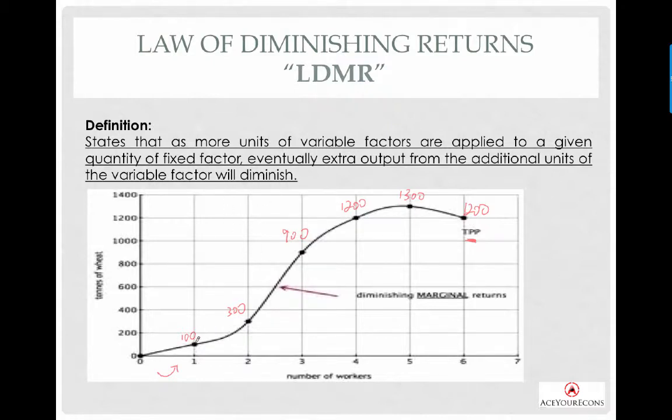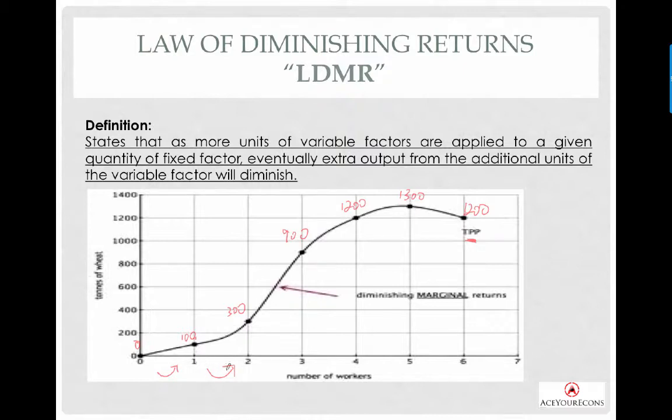So you realize there is additional output for each additional worker. From 0 workers, you have 0 output. When you have your first worker, you will have an increment of 100 output. Let's look at the incremental for every worker.